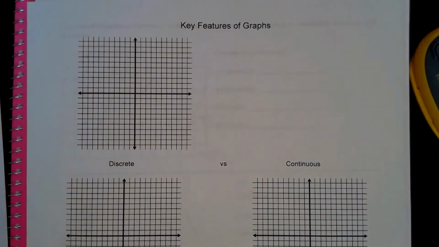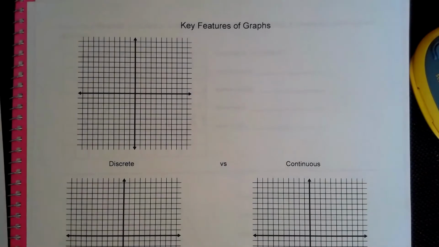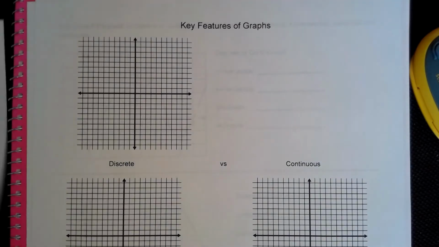Guys, today we're talking key features of graphs. So we're going to be talking about a lot of vocabulary. If you have a printer, awesome, you might want to print these out. Otherwise, just try to draw some little coordinate planes on your piece of paper so that you can draw the graphs on there.